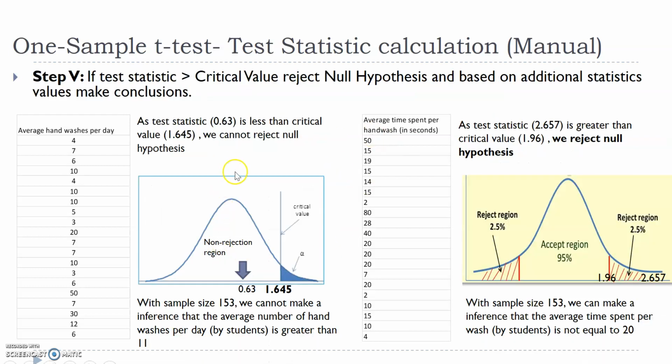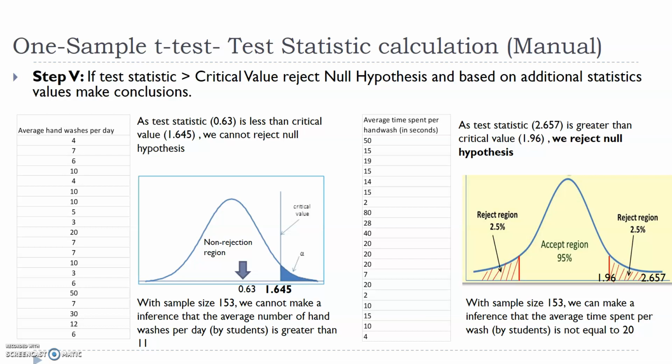Then I'll quickly jump in. I had got the critical value in the first research objective as 1.645. I had calculated my test statistic as 0.63. Because my test statistic falls in the non-rejection region, that is left of the critical value, I cannot reject this null hypothesis. What was my null hypothesis? The null hypothesis was that the average number of times students were there is less than or equal to 11.